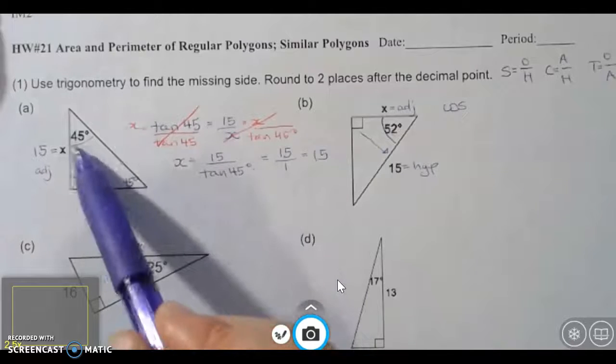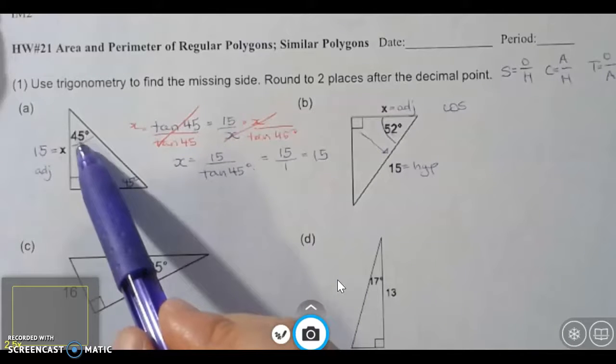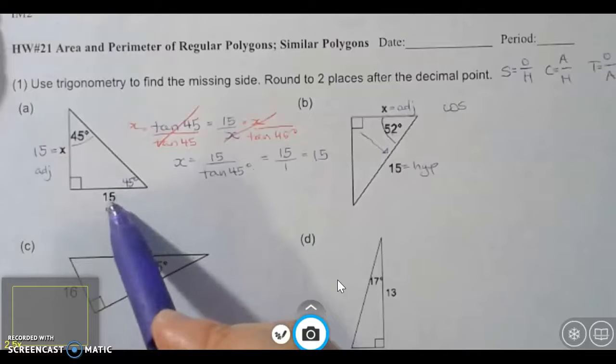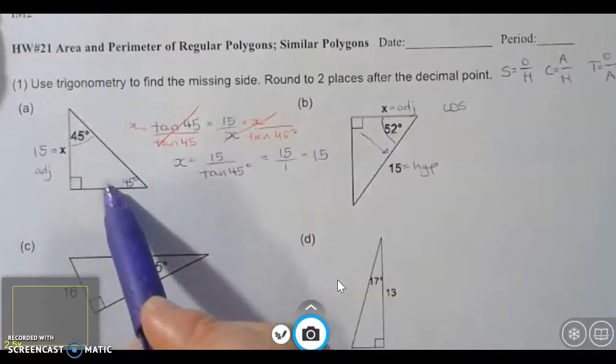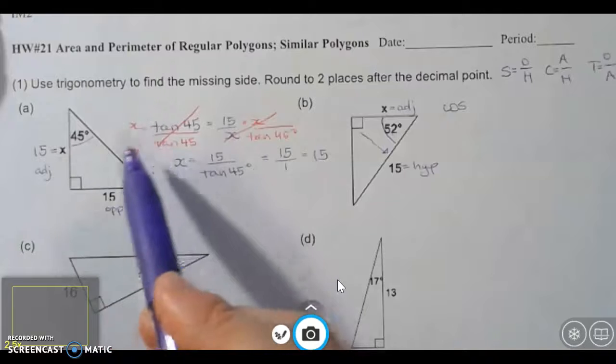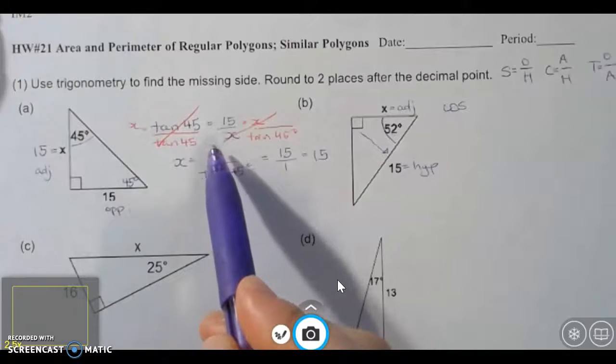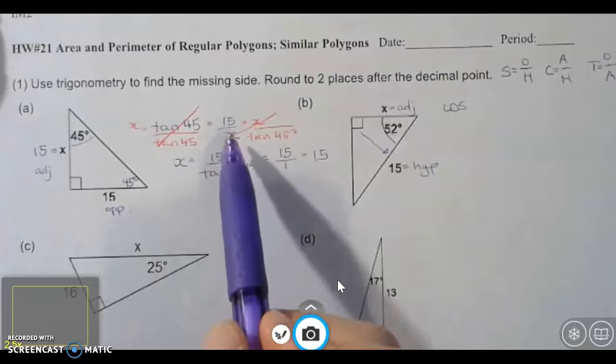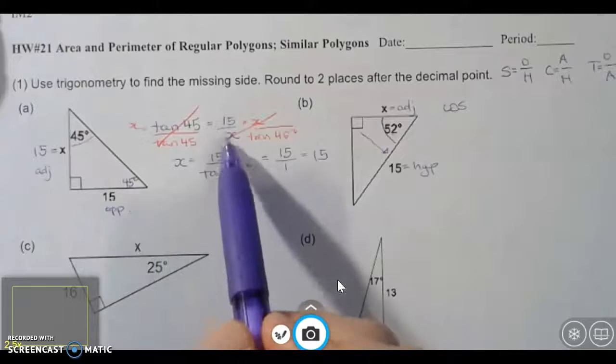So tangent of 45 degrees is going to be opposite over adjacent. And opposite is 15 because it's across from 45 degrees, and adjacent is x. So that becomes tangent of 45 equals 15 over x.